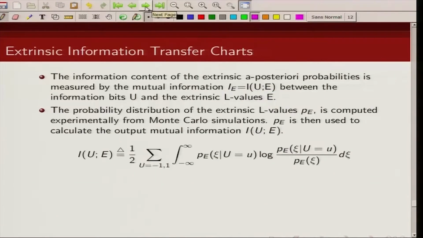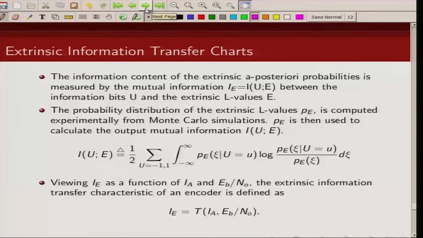values. So, what was done in this technique was, you can view the mutual information corresponding to the input and extrinsic value as a function of mutual information of a priori values and information bits and operating signal to noise ratio.